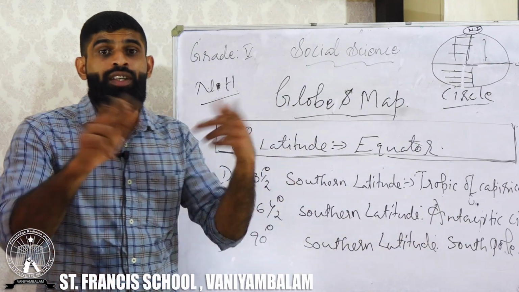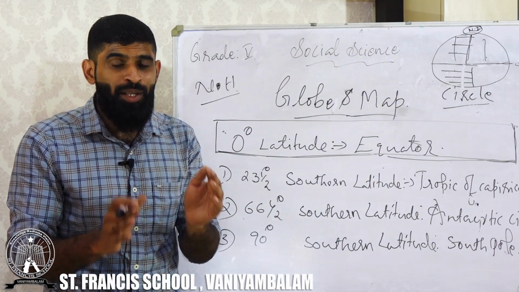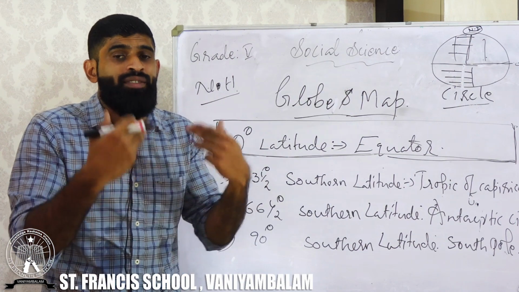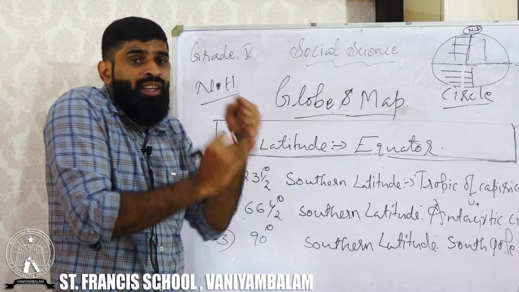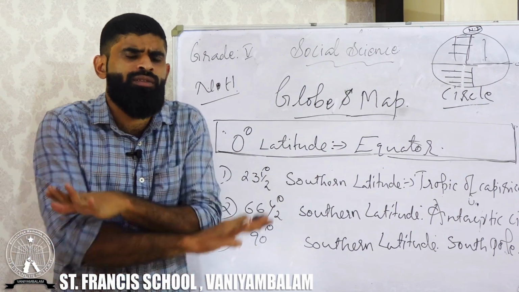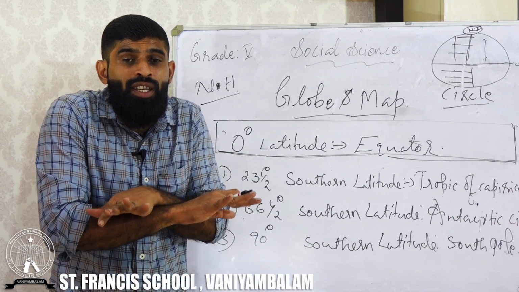Antarctic Circle. 0 degree latitude, what is it? Equator. In the same manner, repeatedly tell yourself these degrees and their names, and keep them thoroughly in your mind. Then nothing to worry, you will be able to answer the questions easily.